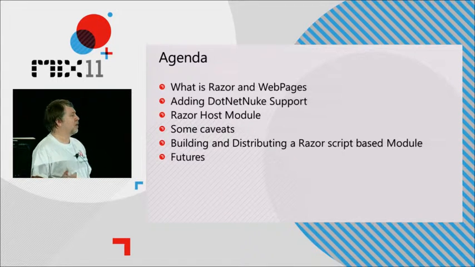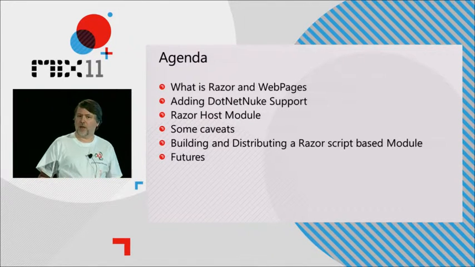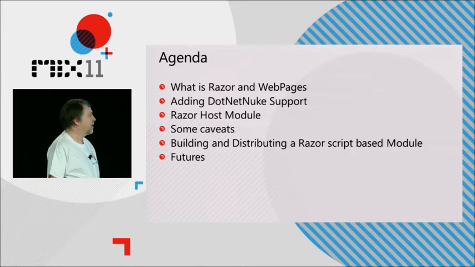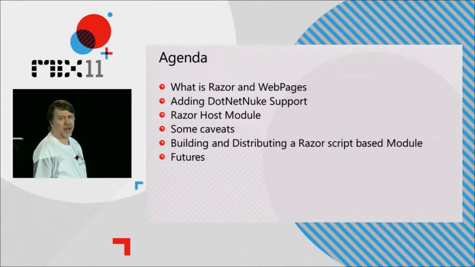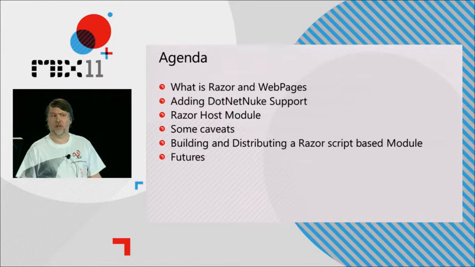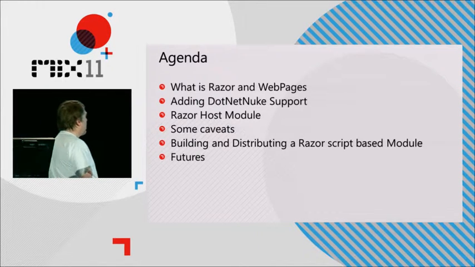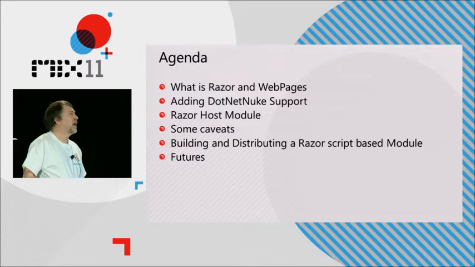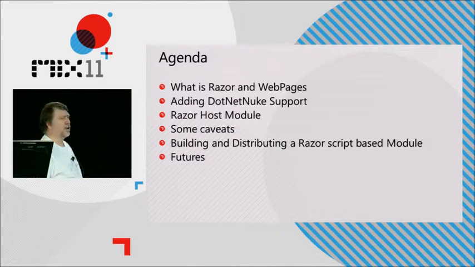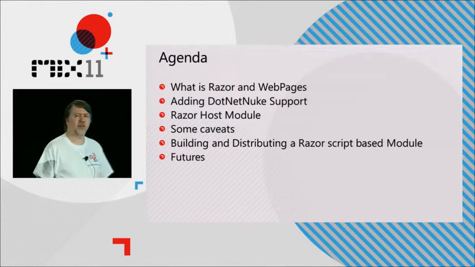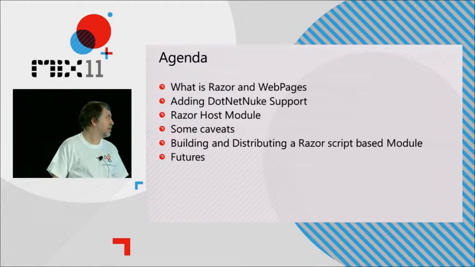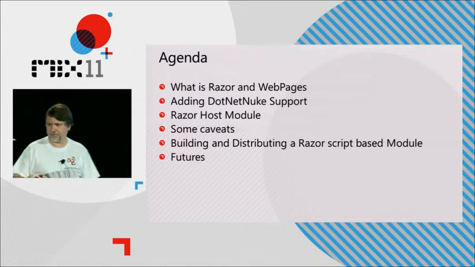It's done as a module because Razor requires an advanced version of .NET, and we don't want to limit our users to have to be running on .NET 4. There are some caveats which we'll discuss, and then I will show you how you can build and distribute a Razor script-based module of your own, and then we'll talk about some future things that are coming in the latest version of DotNetNuke, which is due to ship sometime this summer.